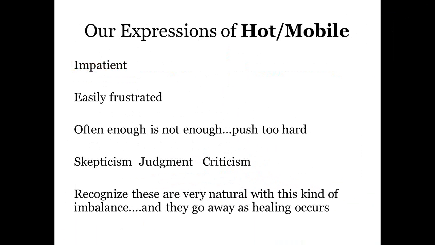The expressions of hot and mobile, I think you can kind of understand. If you saw somebody who had flushing, or their face was quite red, they had various skin lesions on their body. When they passed urine, it was hot or warm. They had burning on urination. These would all be expressions of the hot quality.